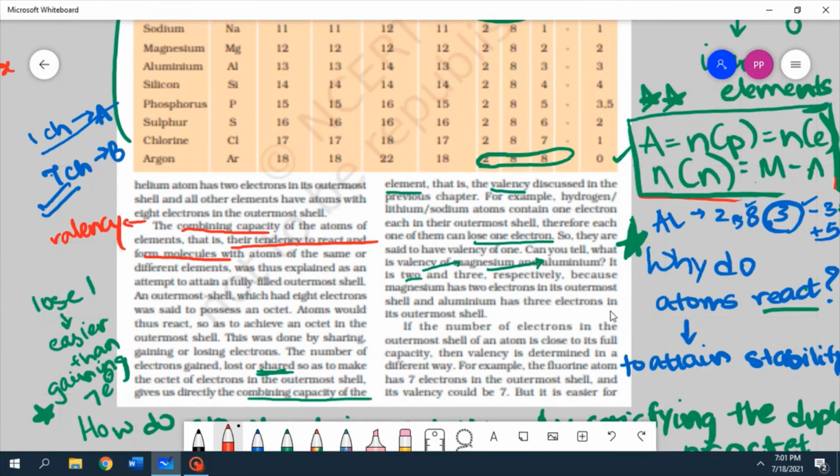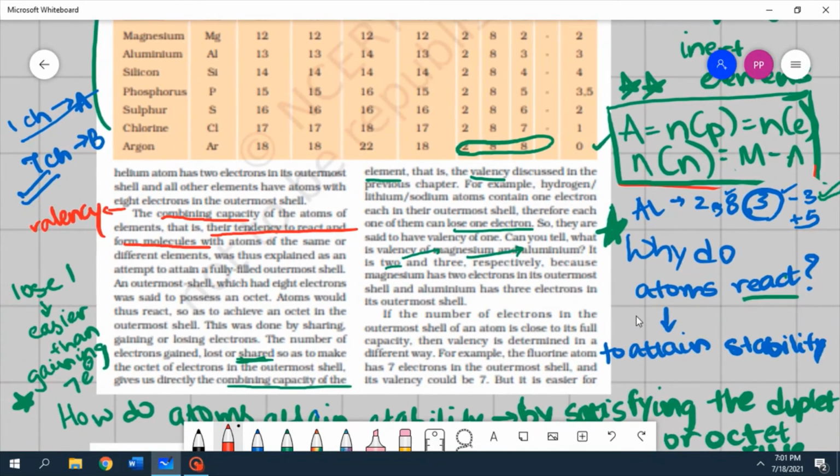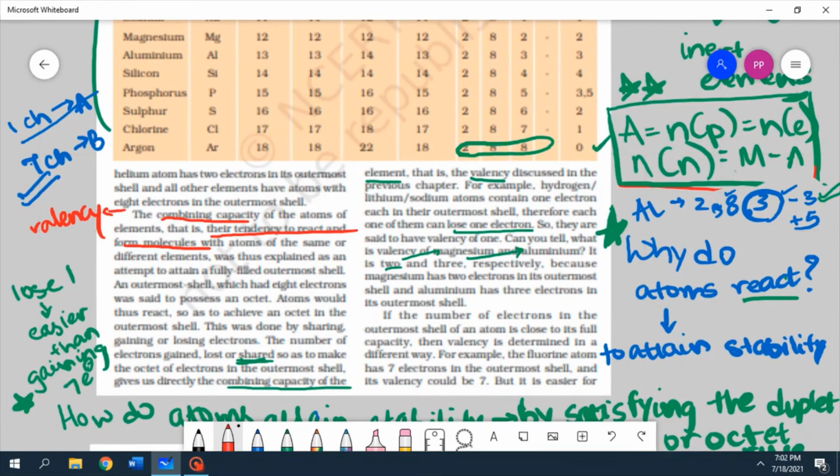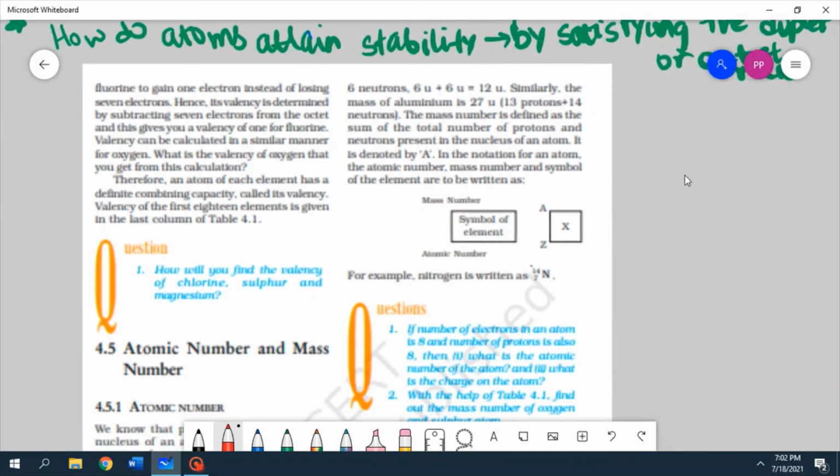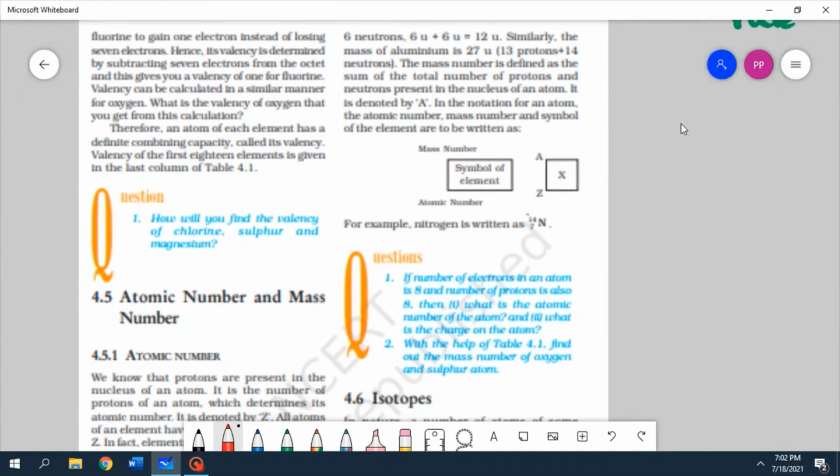I hope that helps you remember better in future once you are familiar with the electronic configurations of atoms. Alright, so then we have a question: how will you find the valency of chlorine, sulfur and magnesium? So let's use my method here. Chlorine has an electronic configuration of 2, 8, 7.